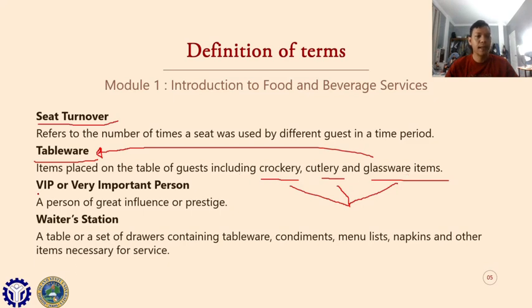Next is VIP, or very important person. Once your supervisor says that you need to set up this table because there is a VIP reservation for this particular table, you need to set it up more elegantly because the guest is a VIP, a very important person, a person of great influence or prestige.